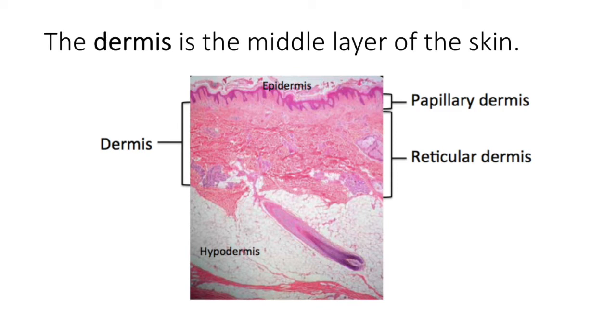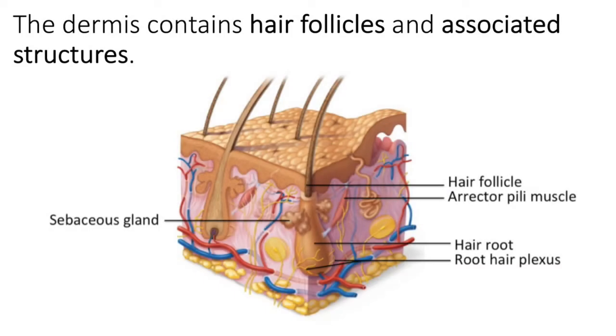First of all, hair. Hair roots reside in the dermis. At the base of every hair root is a receptor called a root hair plexus. These receptors detect fine touch of the hair shaft.